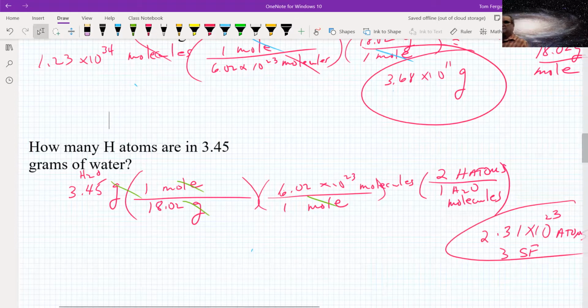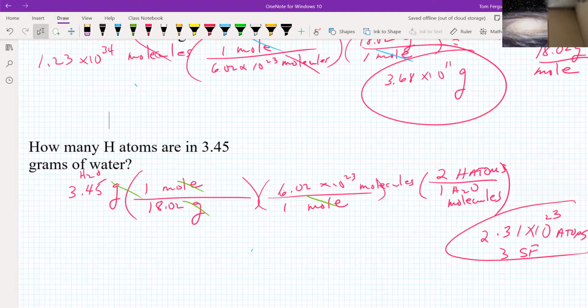Okay, so that's probably going to be the trickiest conversion you're going to get, is this last one.